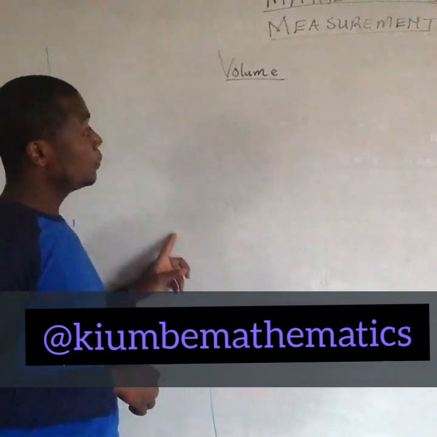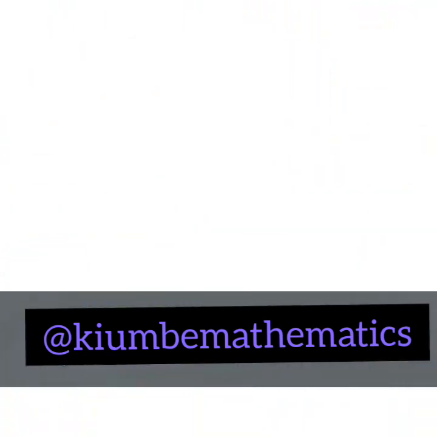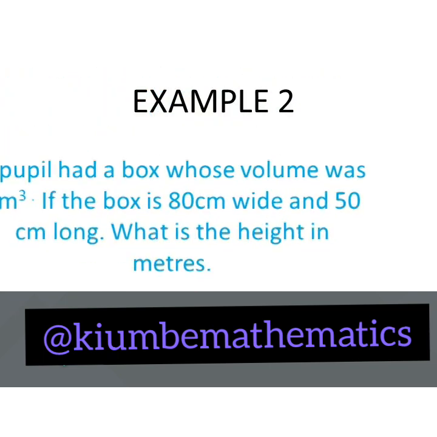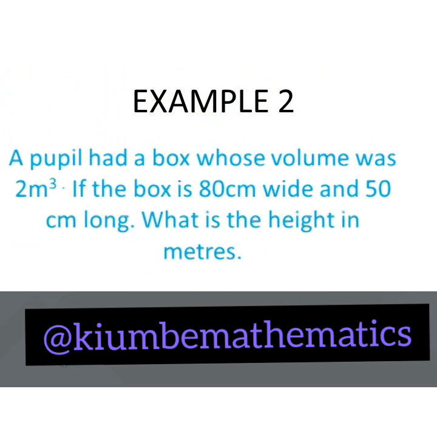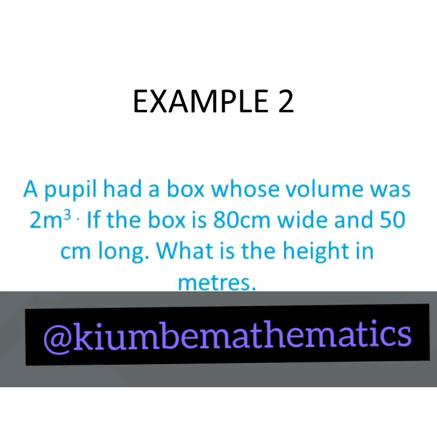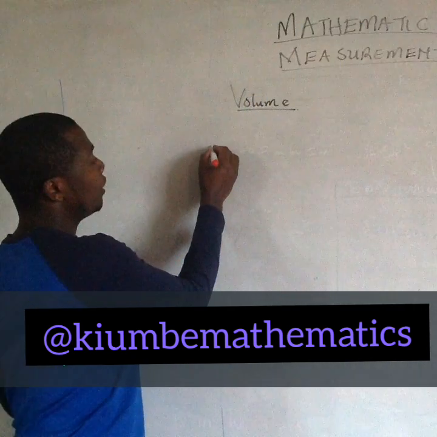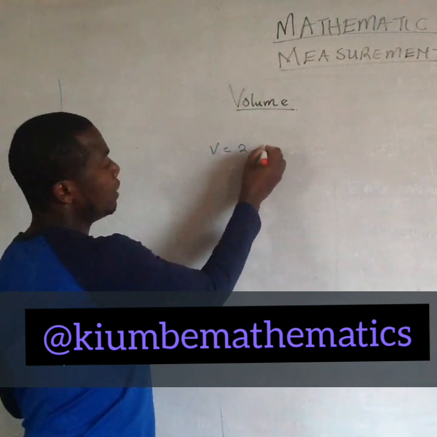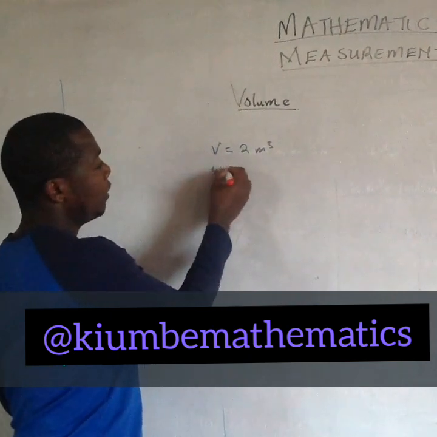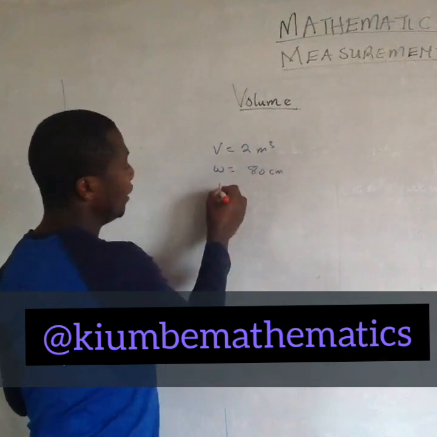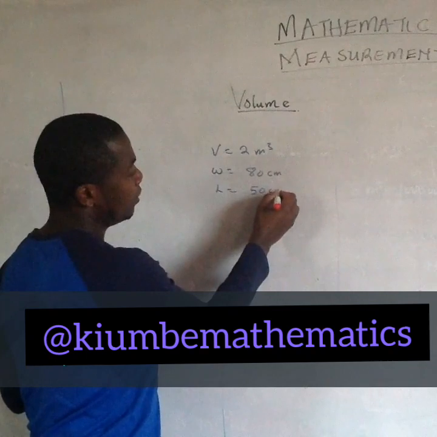Our question 2 in the same says that a pupil had a box whose volume was 2 meters cubed. If the box is 80 centimeters wide and 50 centimeters long, what is the height in meters? Remember, we have been given volume as 2 meters cubed, the width is 80 centimeters and the length is 50 centimeters.